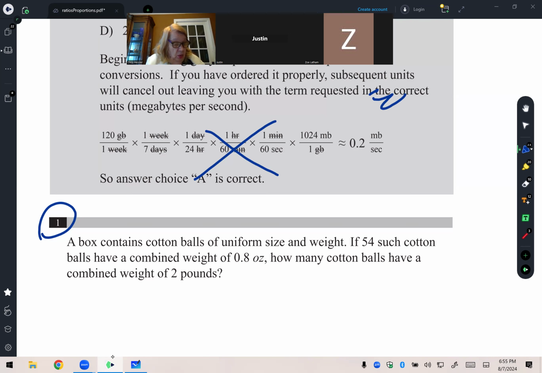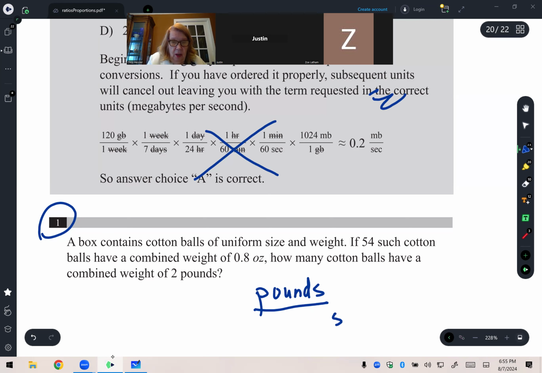So here I'm just going to use ratios. So I have pounds, and then I have ounces. Just put OZ.